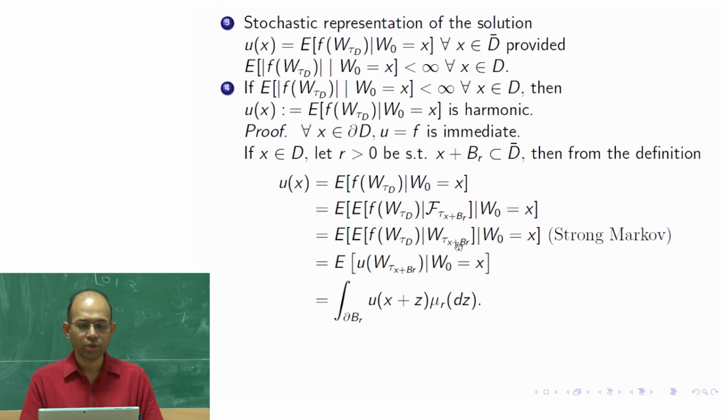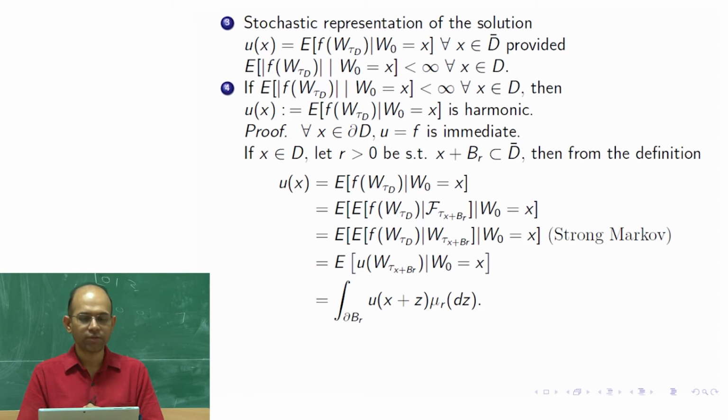Okay, so here we would imagine that this point, wherever it is at this stopping time, proceeds further, because it is still inside the domain, it would require some more time to leave the domain D. And if you start counting time from there and consider that as time 0, then this conditional expectation is exactly u of this point, correct?